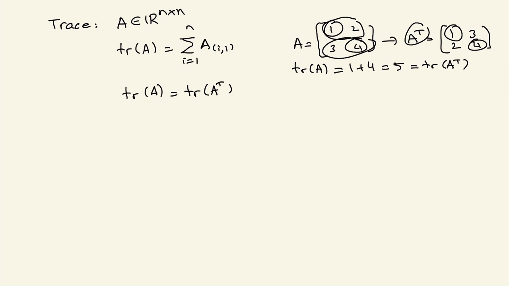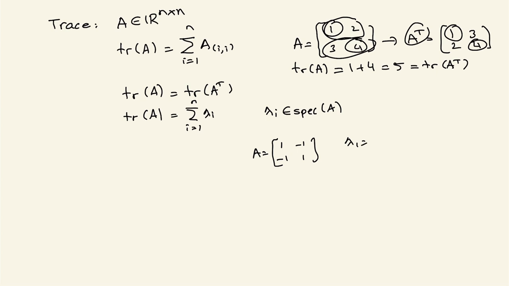Now, interestingly, trace of A equals the summation of i equals 1 to n of the eigenvalues of matrix A, and here lambda i belongs to the spectrum of A. If you remember, for this matrix A, [1, -1; -1, 1], its eigenvalues were 0 and 2.